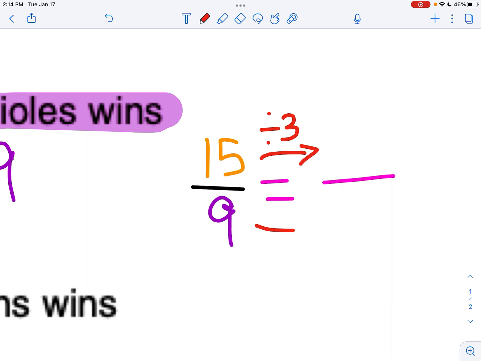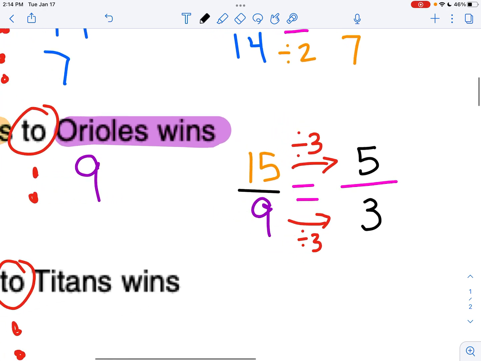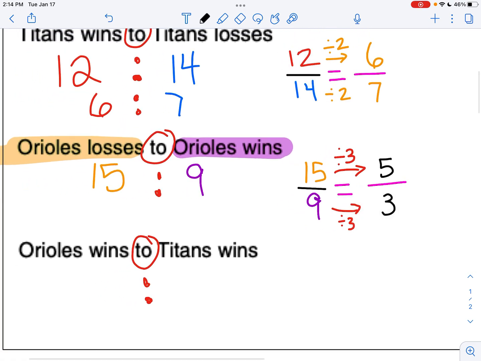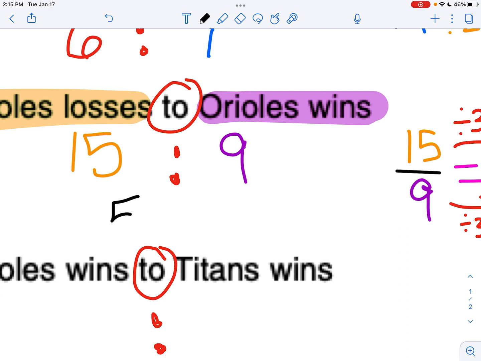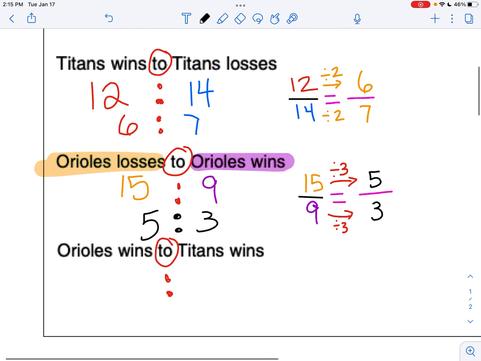Divide by 3. Divide by 3. All right, 15 divided by 3 is 5, and 9 divided by 3 is 3. Do not make this be a mixed number, because it's not really a fraction, because the denominator is not a total. So I'm going to rewrite this as 5:3. Right, 5 on the top, and then 3 on the bottom.